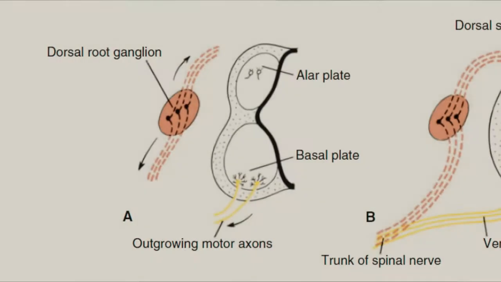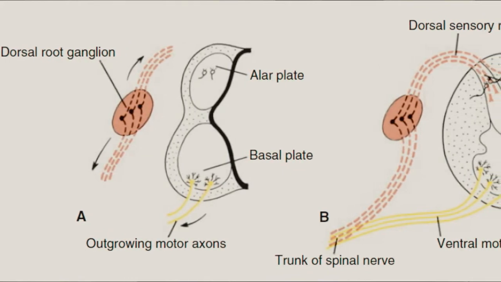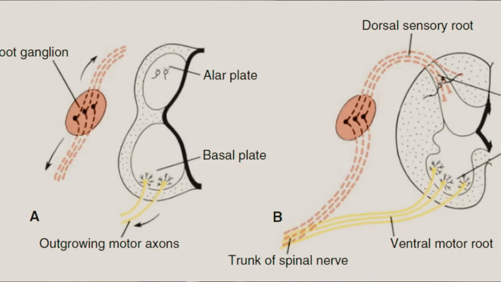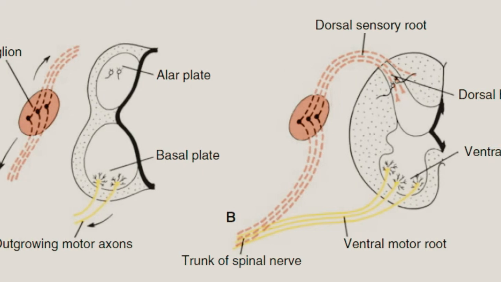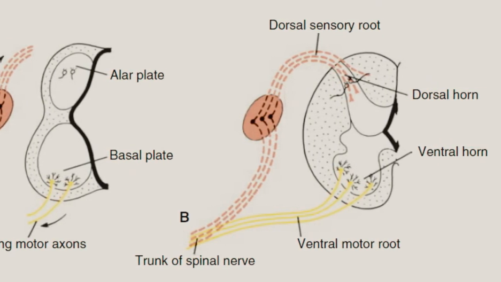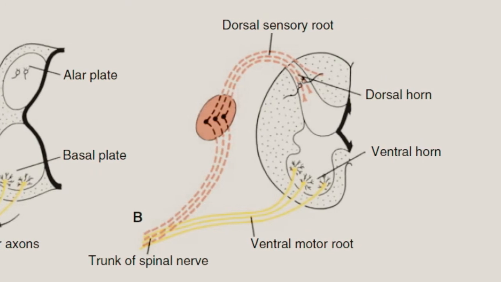So the peripheral processes of the ventral side, which are coming from the basal plates, are going to penetrate through the mantle layer, and finally through the marginal layer to come out on the ventral side of the developing spinal cord, and it's going to form for us the anterior root of the spinal nerve, which is also known as the motor root of the spinal nerve.